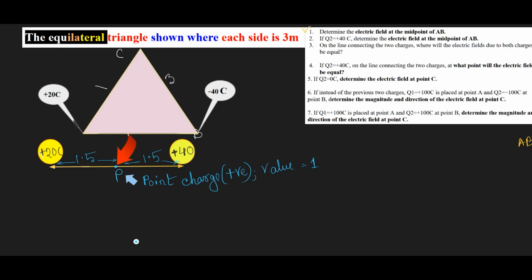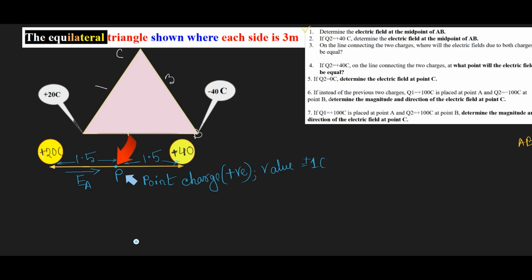So EA will be, as this is 20 and obviously P is a point charge, value is positive 1 coulomb. It means this 20 coulomb charge will repel towards this direction because this is smaller, that's why.